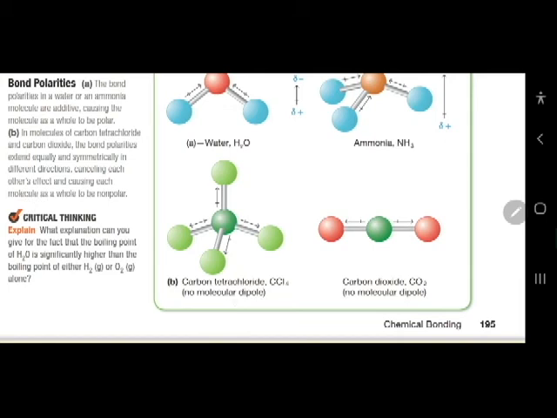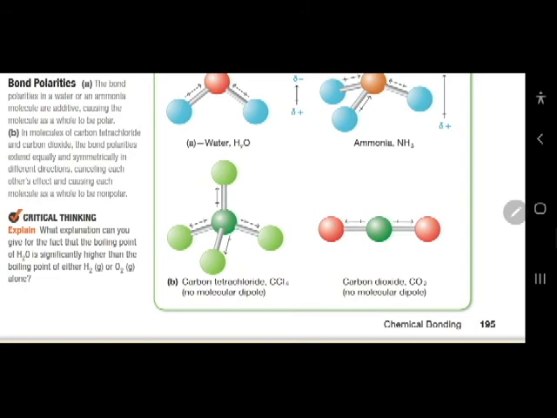The molecule here, as you can see, is non-polar. So we don't have dipole forces, because the net of these three bonds will be downward, which will cancel the upward polar bond, as you can see here, polar covalent bond.